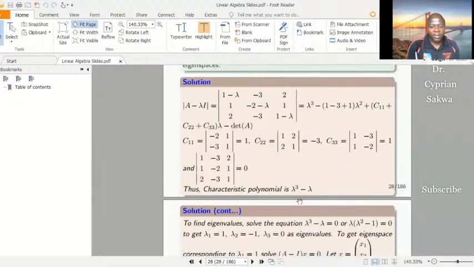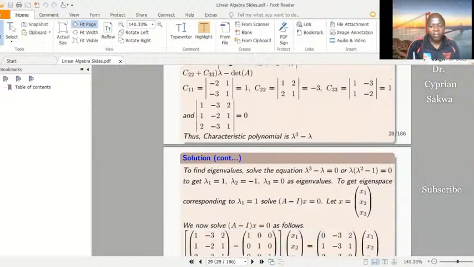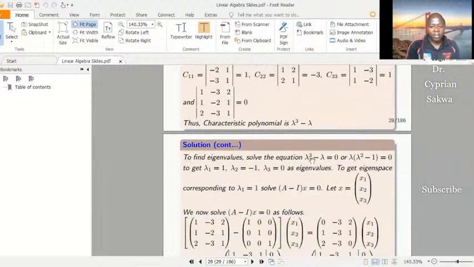But what is very important is that after finding the characteristic polynomial as it is here, you equate to 0 and solve for lambda. So when you equate lambda cubed minus 7 lambda to 0, you can factorize lambda outside the bracket, where you have lambda squared minus 1 equals to 0 inside the bracket. So lambda outside the bracket equals to 0.